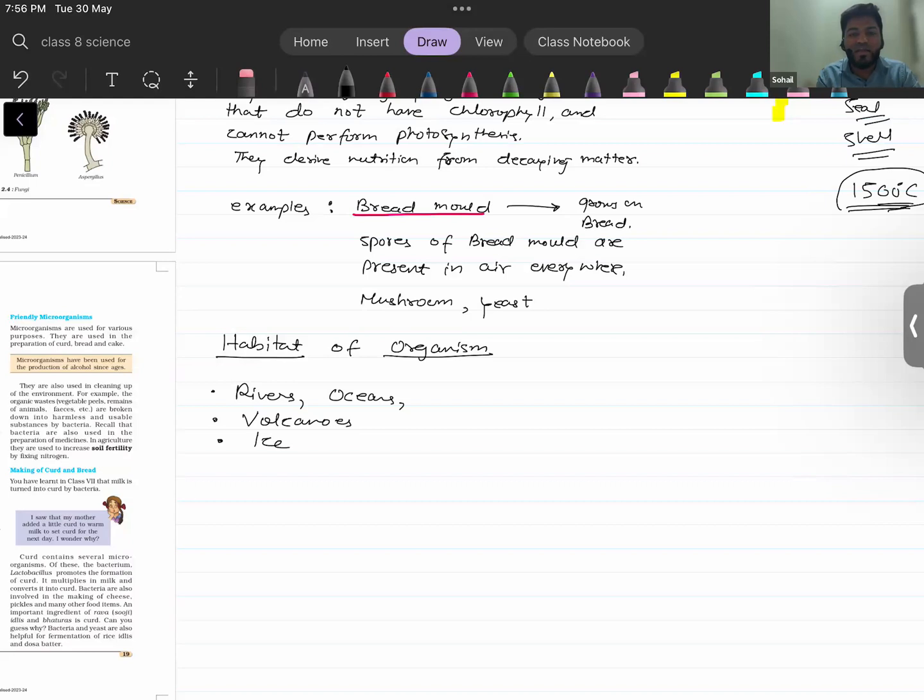Imagine they can survive inside ice also. They can survive in salty water too, and some microorganisms are found living in deserts, in desert soil also.